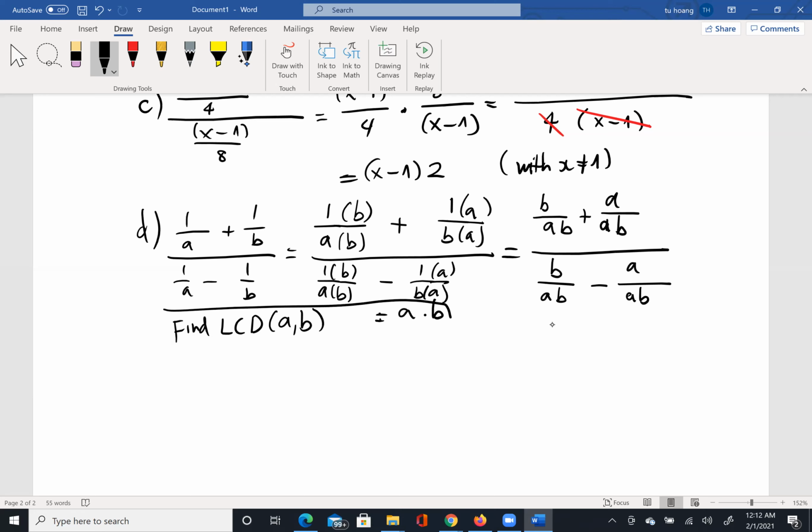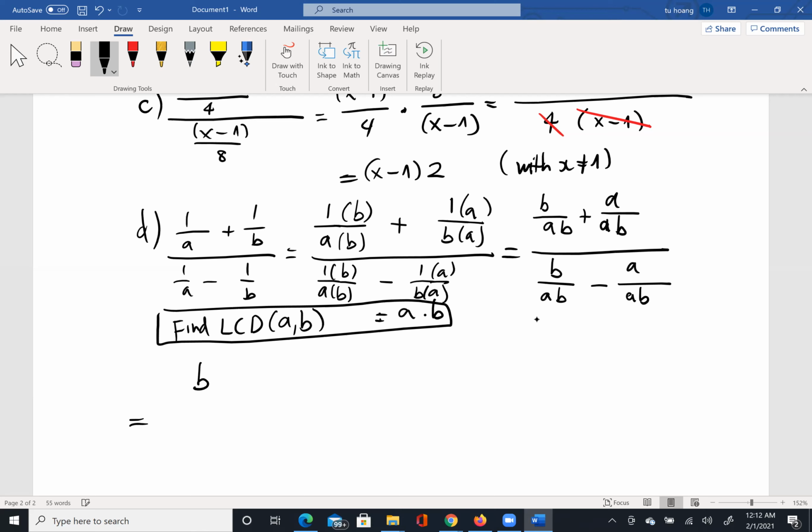So now you actually have the common denominator for both top and bottom. So what you do is just add the numerators.